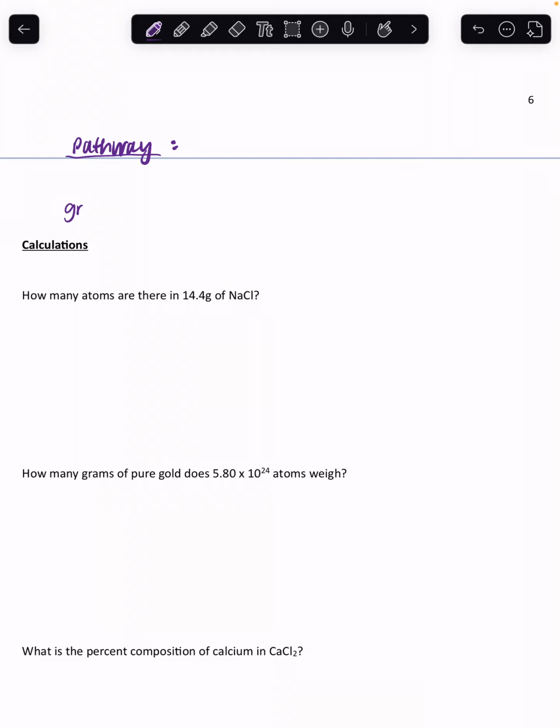So we can start at grams. And if we want to convert to moles, we can simply multiply by 1 mole over the molar mass in grams. Molar mass is MM.